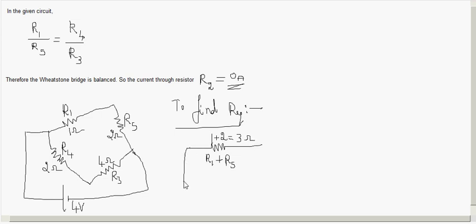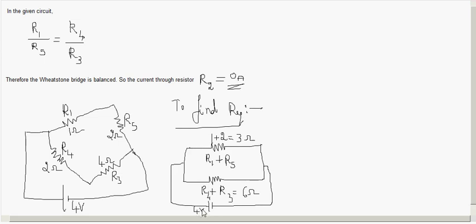Similarly, the other one is R4 plus R3, which is 2 plus 4, equal to 6 ohm. This combination is connected to the 4 volt battery, and this is the current I.